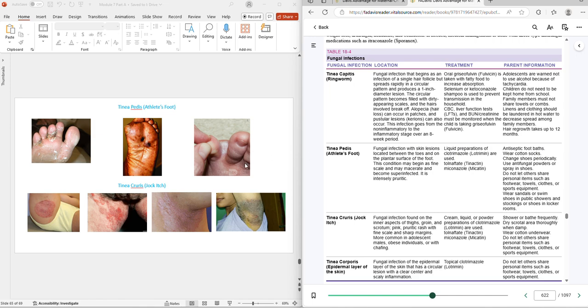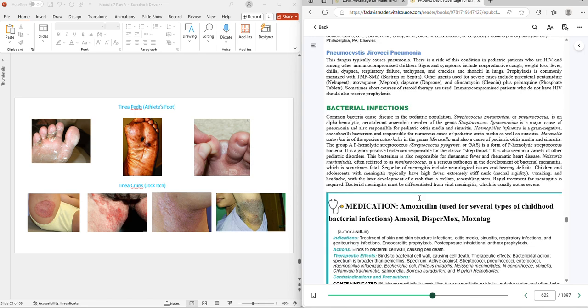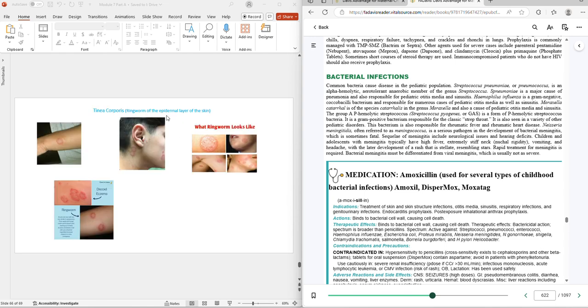And then we have Tinea cruris, and this is our jock itch. Okay, it can happen in the armpits, it can happen in the groin area, diaper rashes even. So be familiar with that. Animal-borne infections, okay, and this is a picture of that, the ringworm.